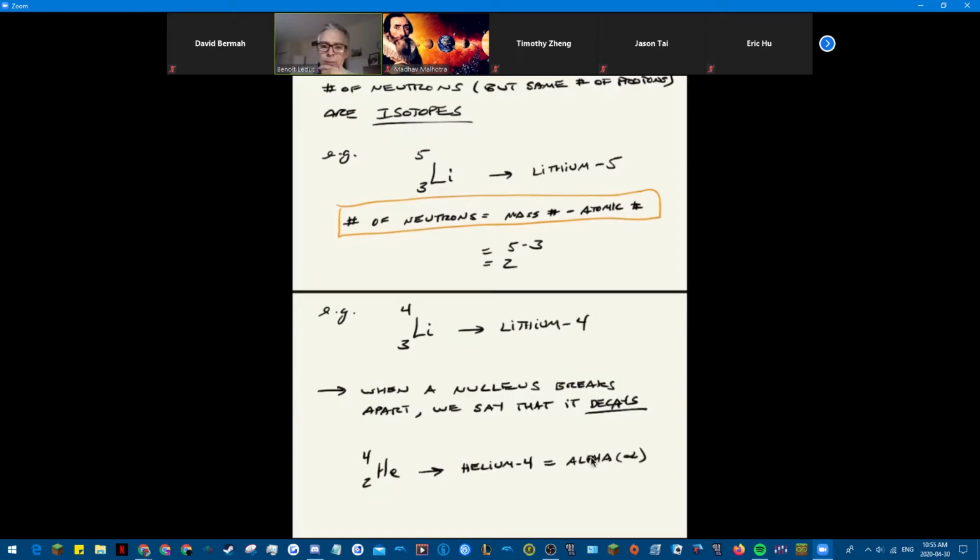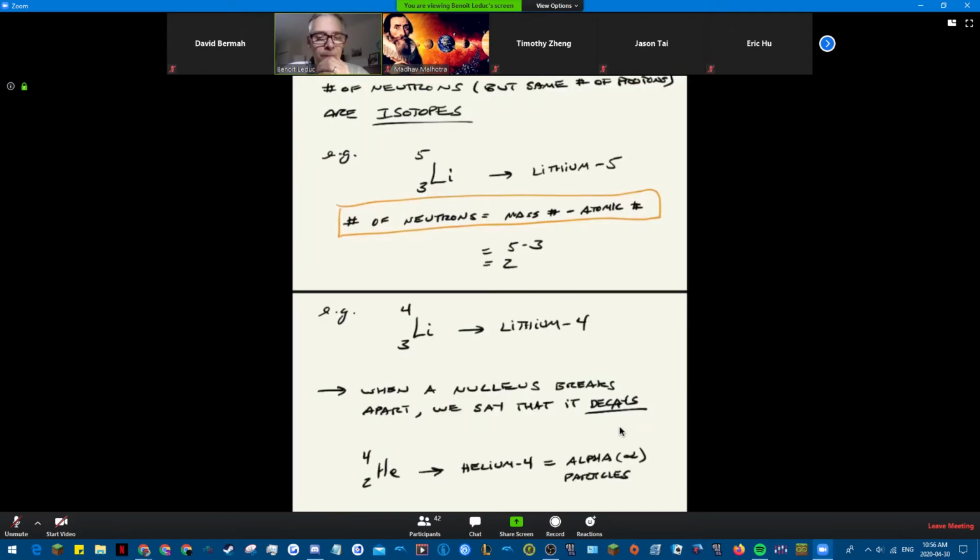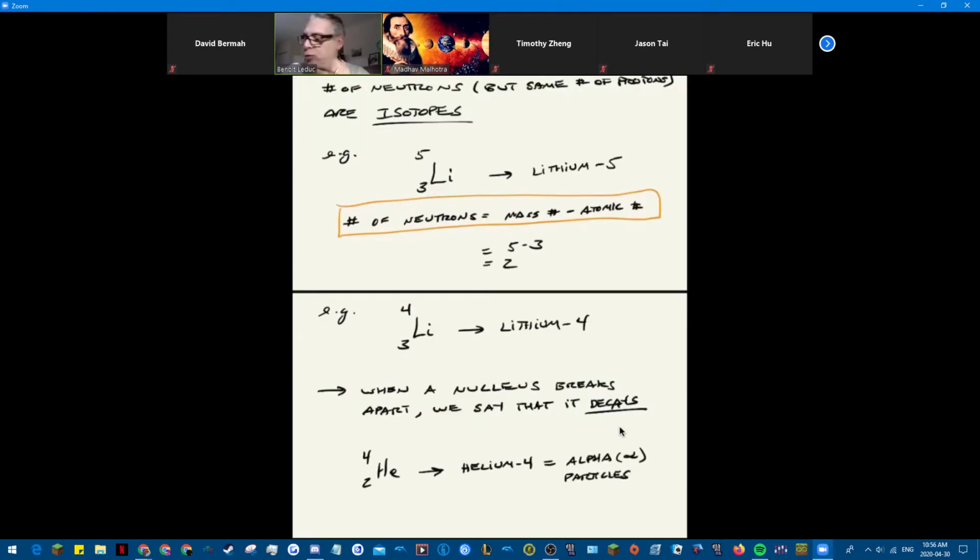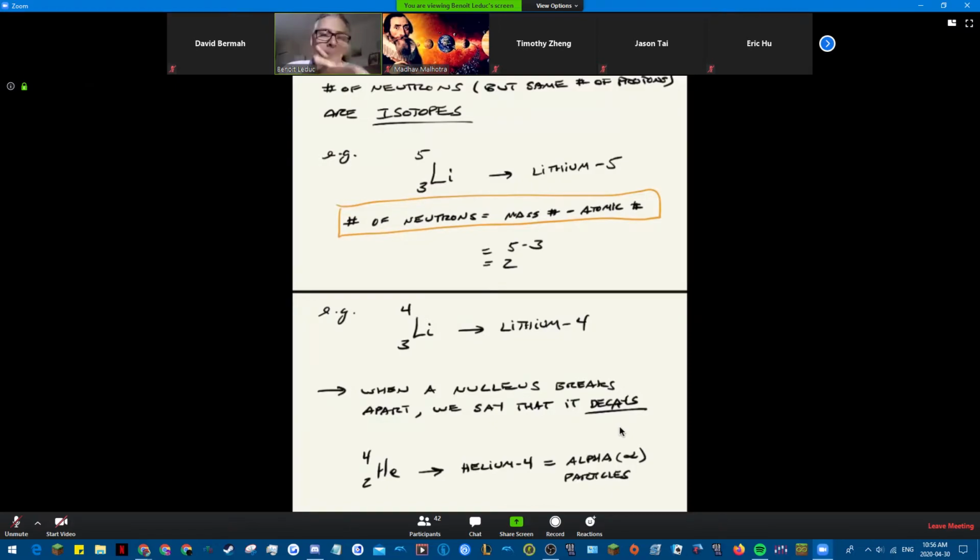That's the symbol for alpha particles, or alpha radiation. So helium-4 is alpha. When Rutherford investigated the nature of the atom, he had a little gun that was shooting helium-4 nuclei, and he called them alpha particles at the time. So it was an alpha gun.